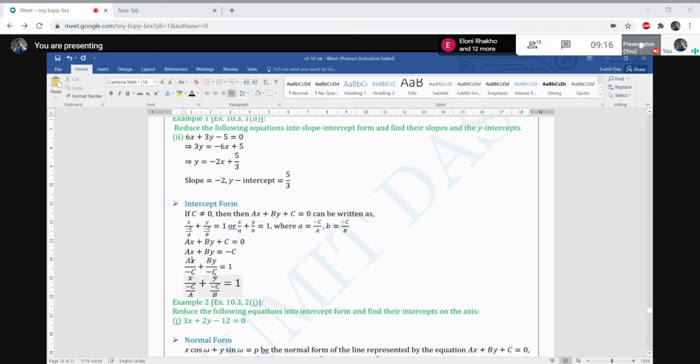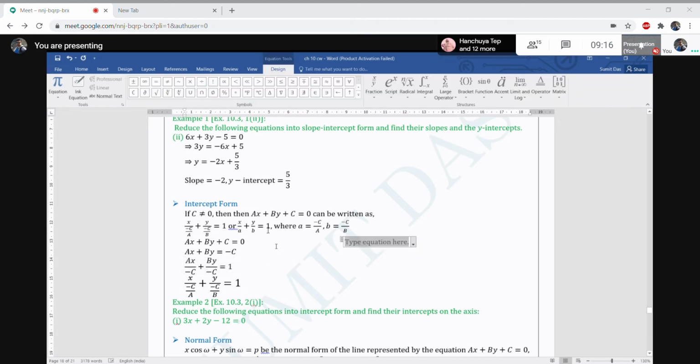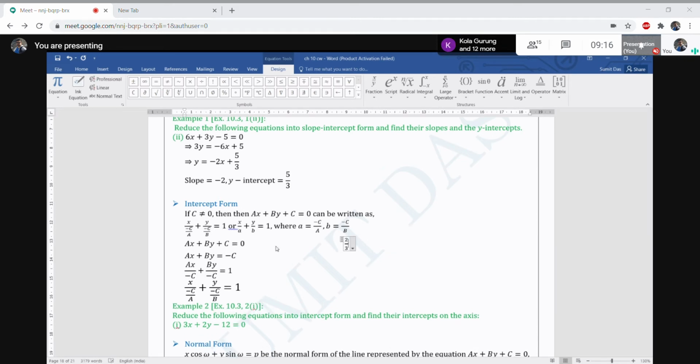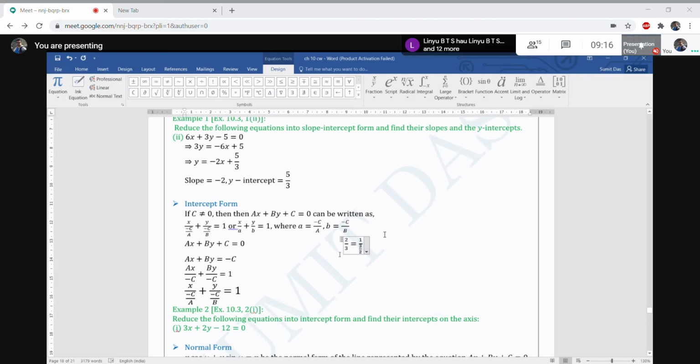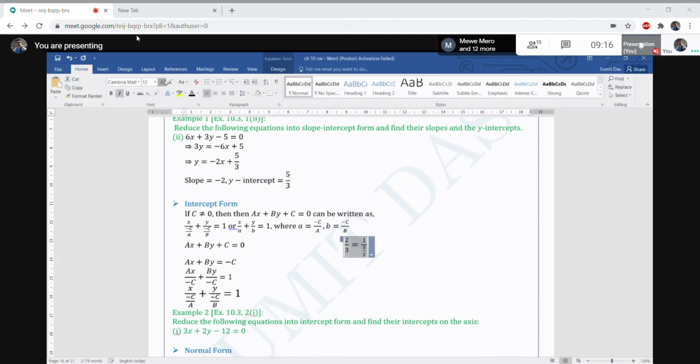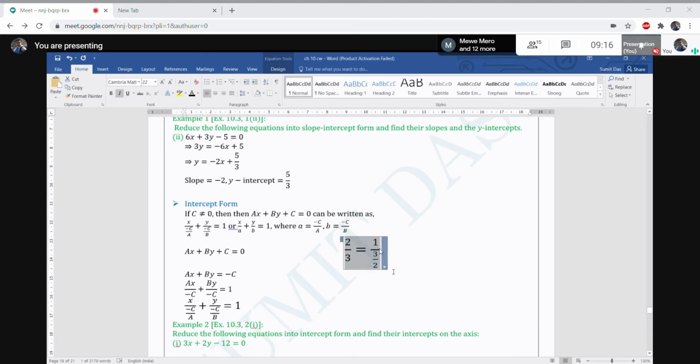Similarly, the coefficient of y can move to the denominator of this. Like this we can write 2 by 3 is the same as 1 divided by 3 by 2. If you simplify this one, they already discussed this thing before, I guess. So this is a class 9 concept. Fine.